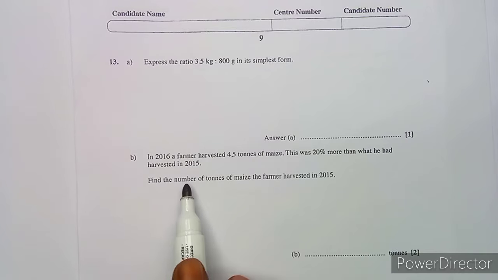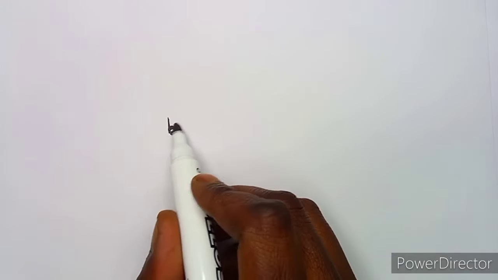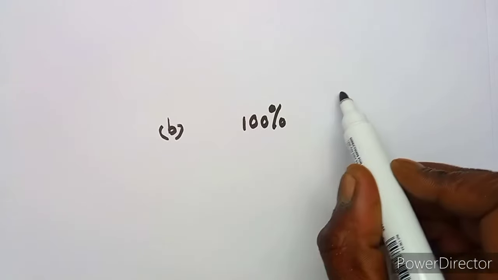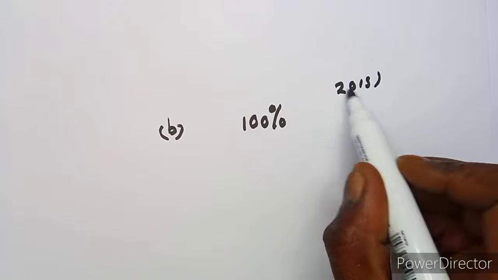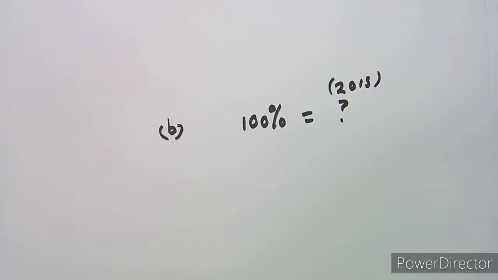In 2015, he had harvested something that we do not know. So that is where he started, like the reference is 2015. That is your reference. So you're going to take your reference to be at 100%, to say that at 100%, which is in 2015, we do not know what this guy obtained in terms of the number of tons.